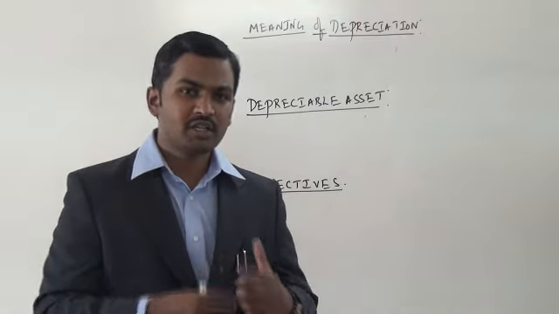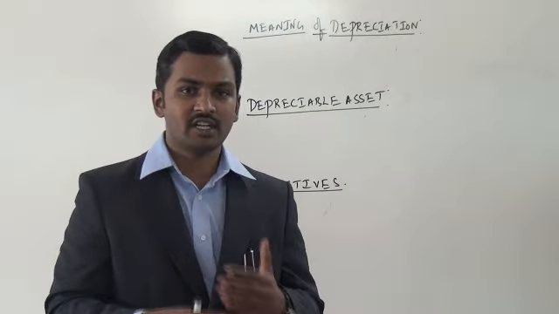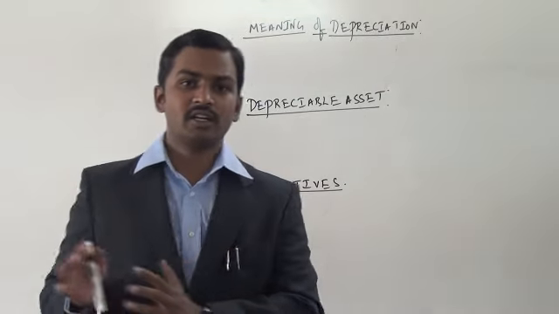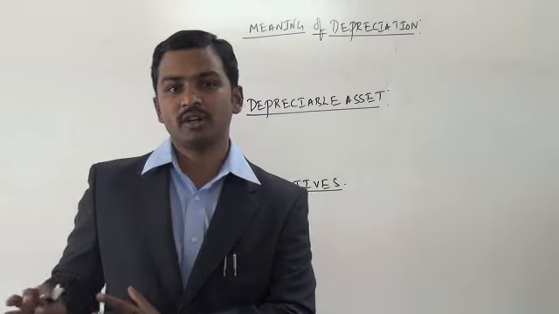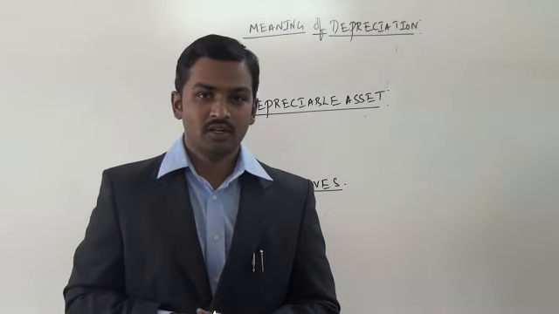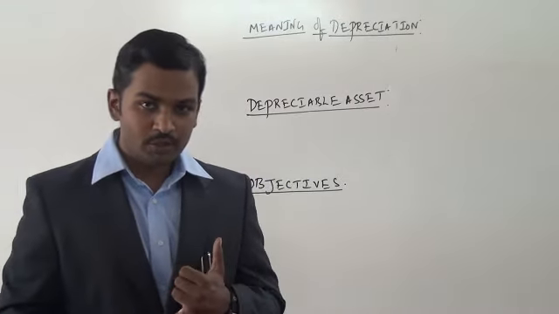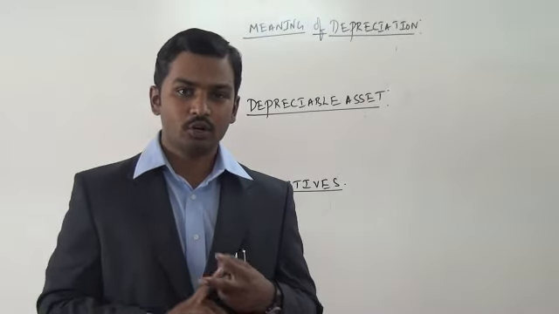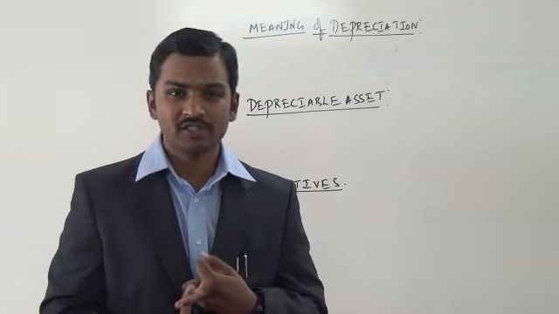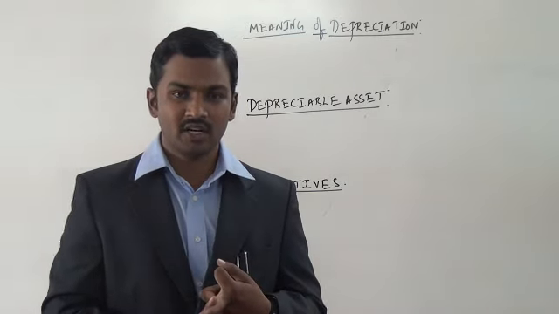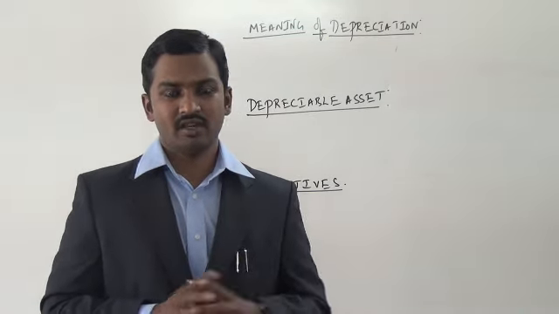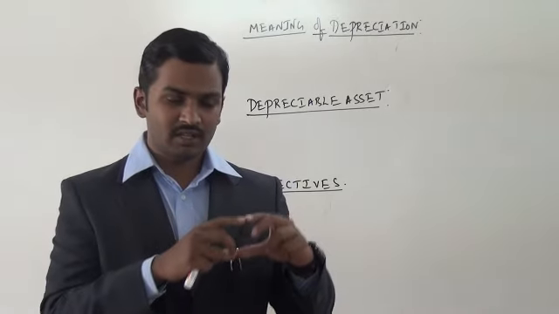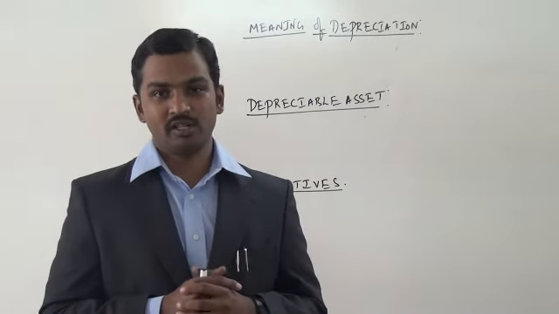So when the machinery modernizes, or we can say when the technology modernizes, automatically the old machinery, the old technology becomes obsolete. So when the assets lose value due to either use or due to effluxion of time or due to obsolescence, that is due to technological changes and due to market changes, there is some loss in value of the asset. And the loss, when it is measured, that loss is called as depreciation.